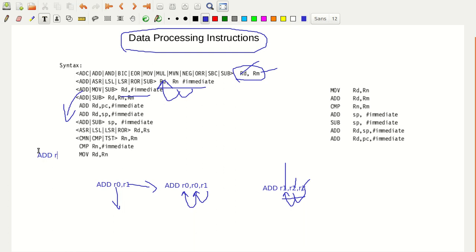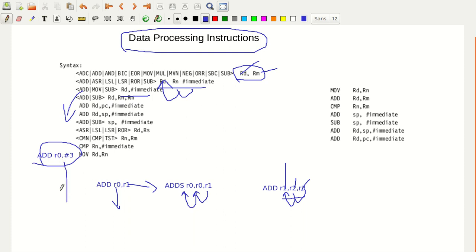This is similar to ADD R0, hash 3. What happens in this case? The equivalent is different. It is equivalent to ADDS only. Here 3 is added with R0, and the resultant is stored in R0 itself.